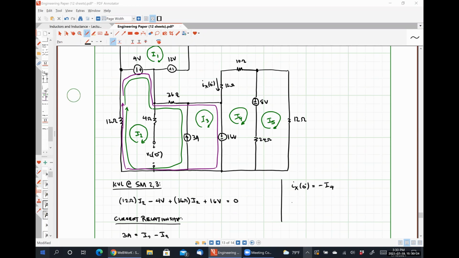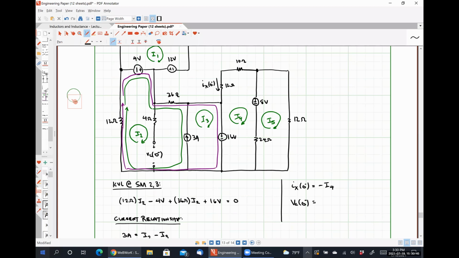How would we find VC at 0 minus? Nodal analysis.